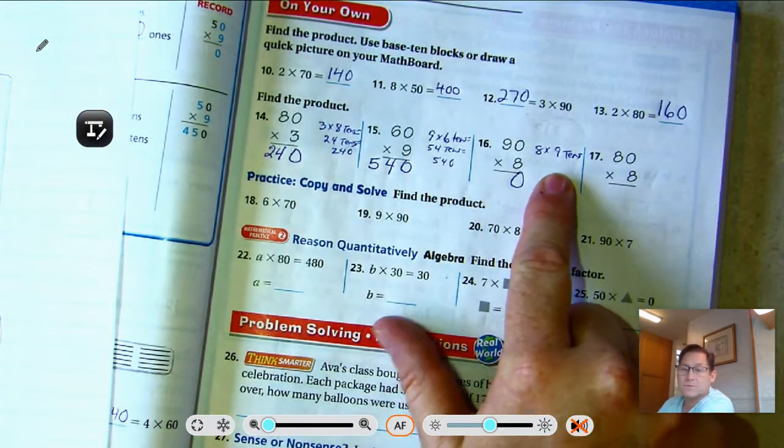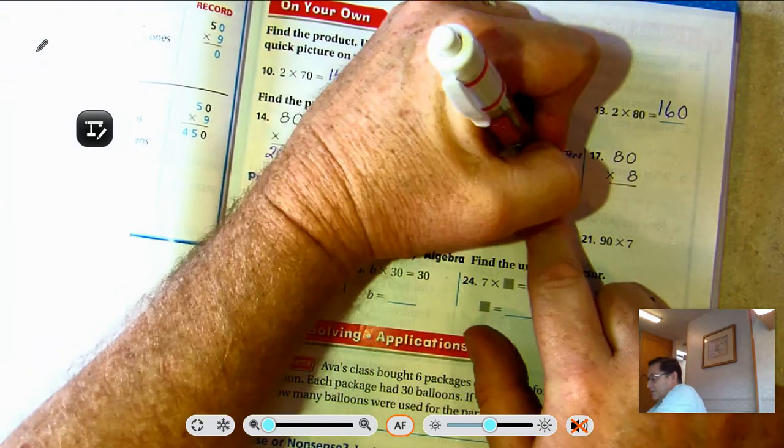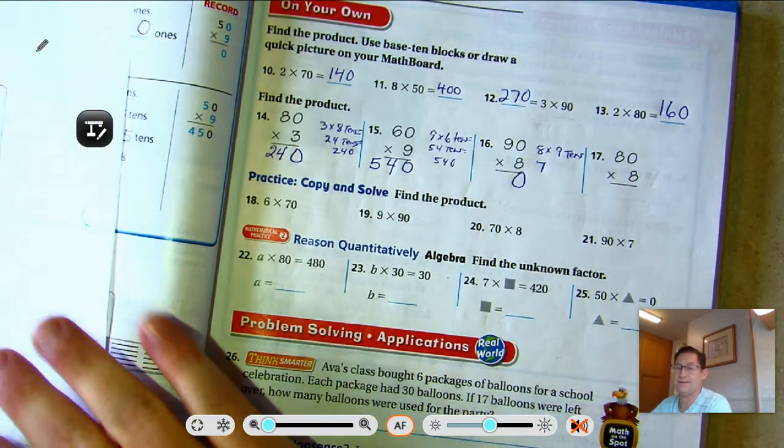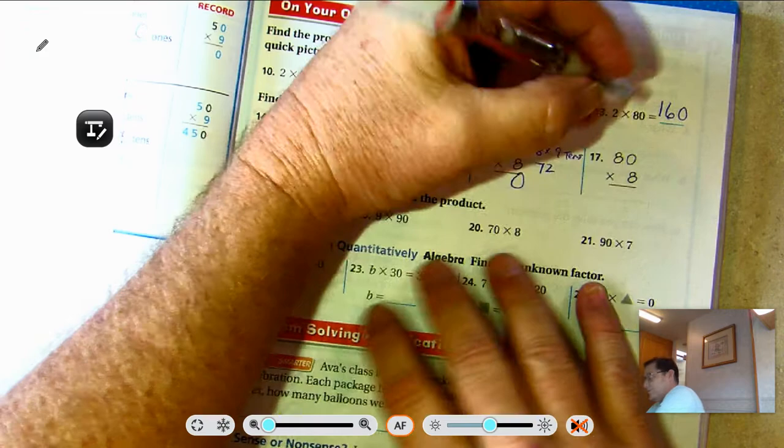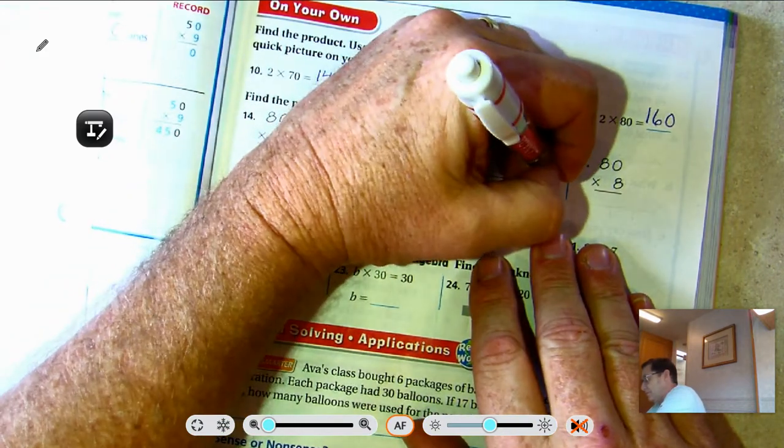Okay, I'm multiplying 9 by 8. So I know the tens digit of 9 times 8 is 7. So 9 times 8 is 72 tens.